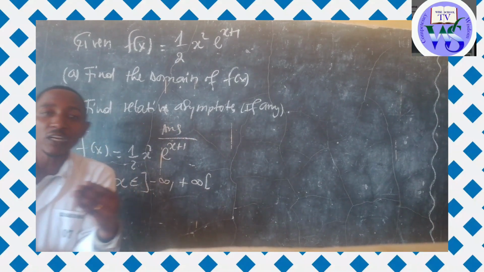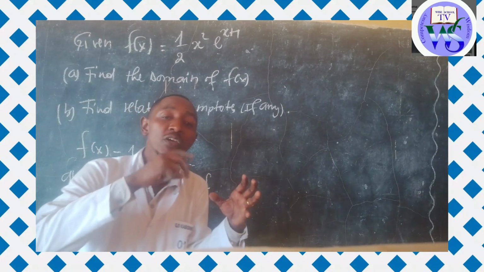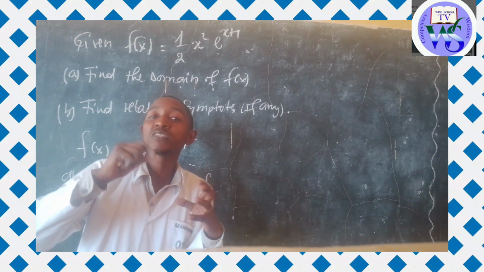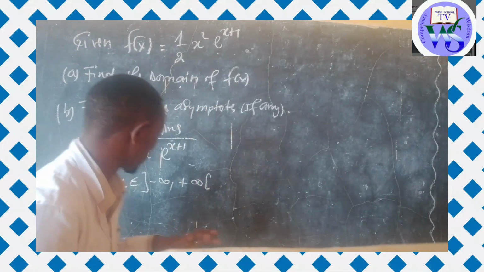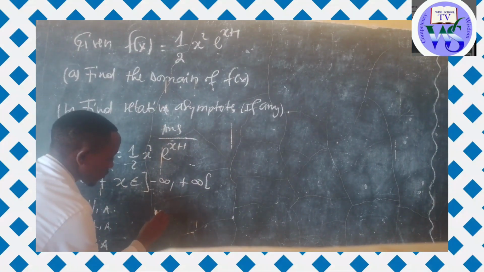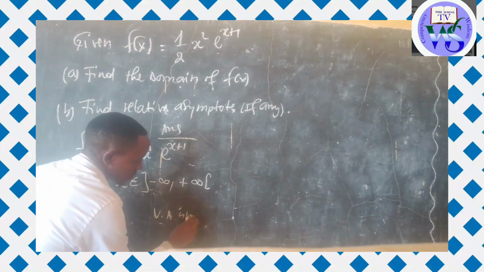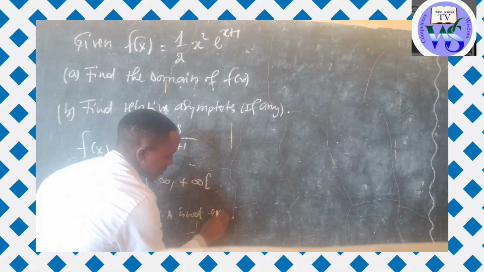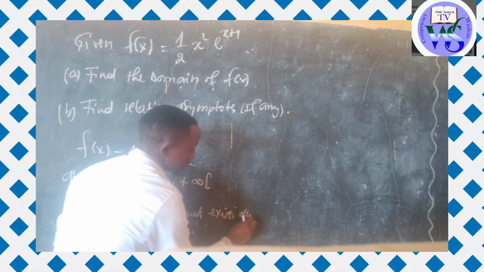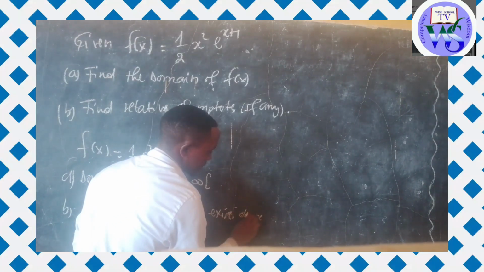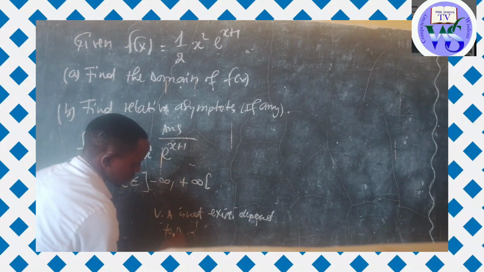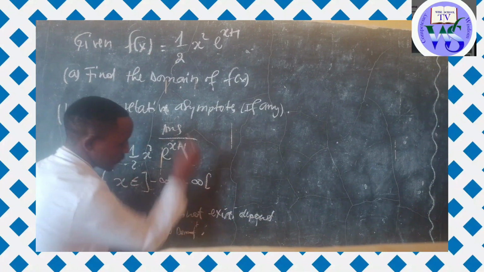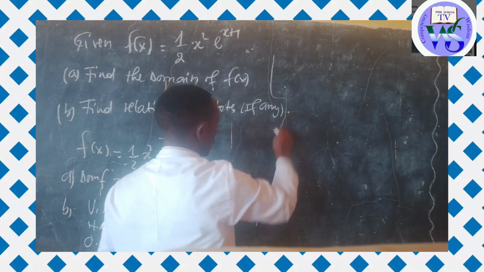If certain numbers are excluded from the domain, those excluded numbers are called vertical asymptotes. According to that, the vertical asymptote does not exist, depending on the domain of the function.